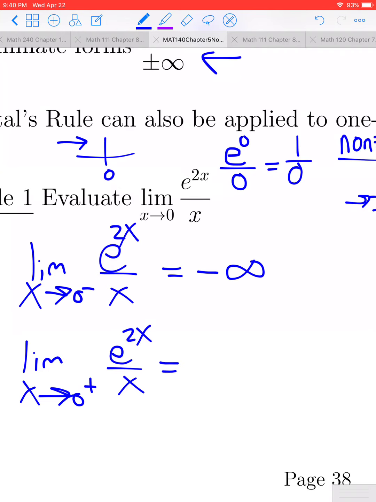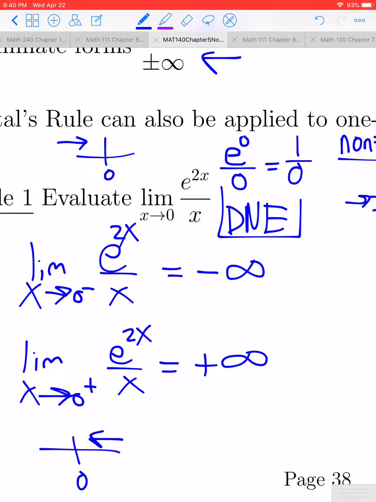Conversely, as x approaches 0 from the right-hand side, the denominator is approaching 0 through positive values, while the numerator is approaching positive 1. Positive 1 divided by smaller and smaller positive values will produce larger and larger values, so the limit from the right will approach positive infinity. So altogether, this limit as x approaches 0 does not exist.